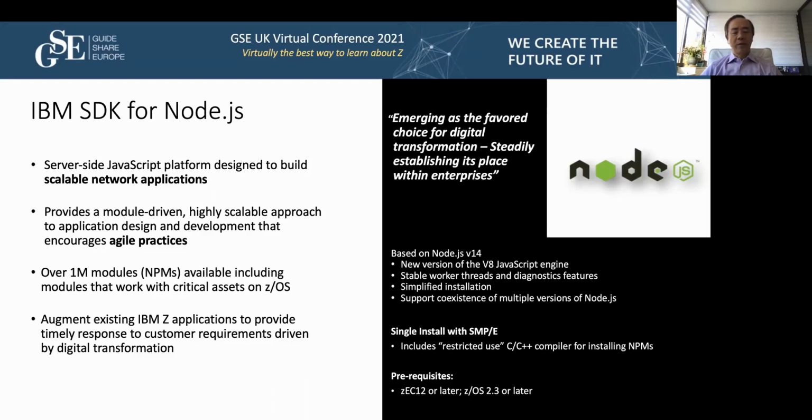They have by far the biggest ecosystem as far as modules are concerned. And it provides a very module-driven and highly scalable approach to application design and development, so that it encourages agile practices. It is really a server-side JavaScript platform.